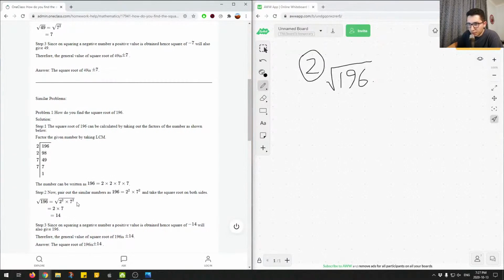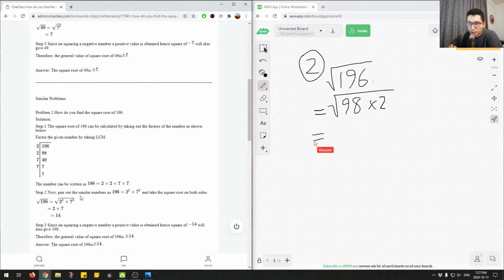If we divide 196 by 2, we get 98 times 2. So 196 is equal to 98 times 2. We can take this even further and divide 98 by 2 again.